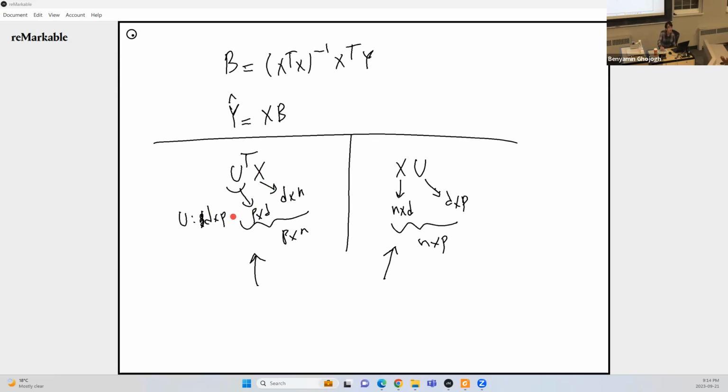In this one, the data points before and after projection are column-wise. In this one, the data points before and after projection are row-wise. In this one, the columns of data X are projected onto the column space of U. In this one, the rows of X are projected onto the column space of U. So far clear?